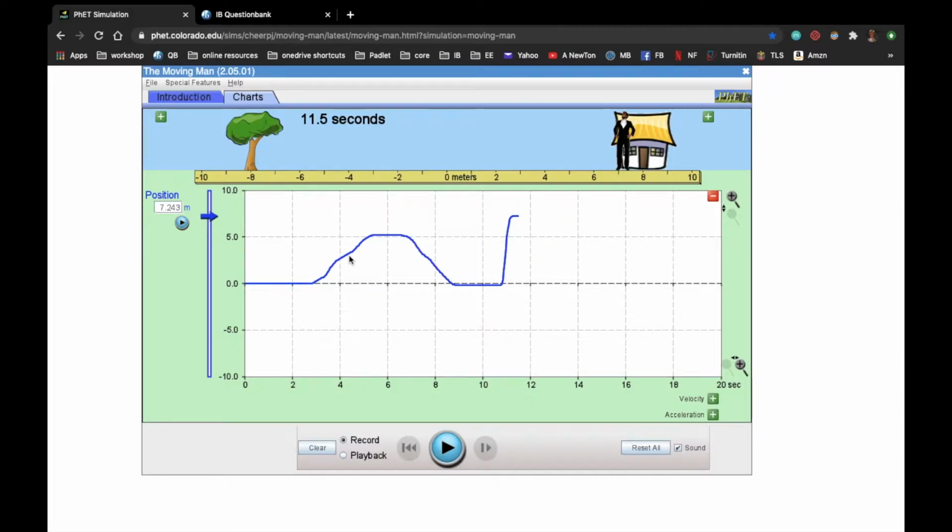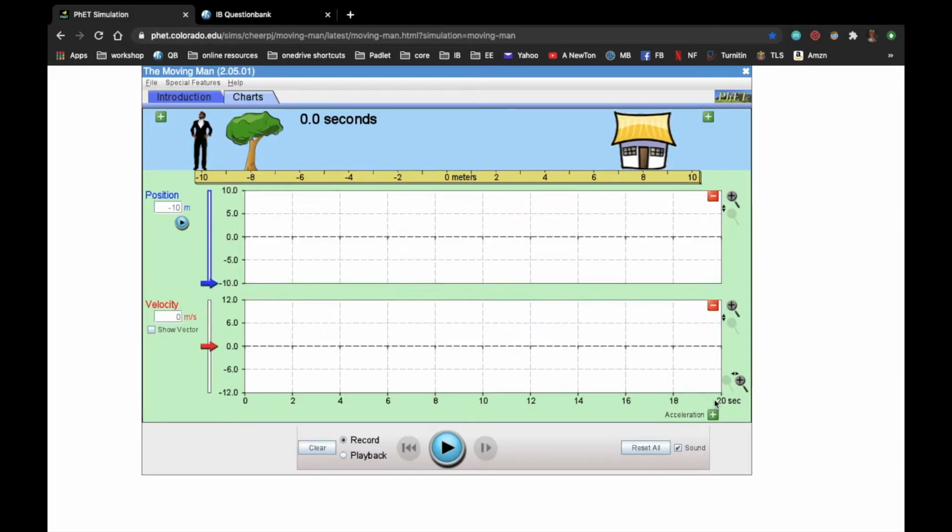Case number 2, let's clear all this and bring him back to the -10 region, and let's add a velocity time graph. So now I'm going to show vector on the man's image, and I'm going to set the velocity to be 2 meters per second and run.